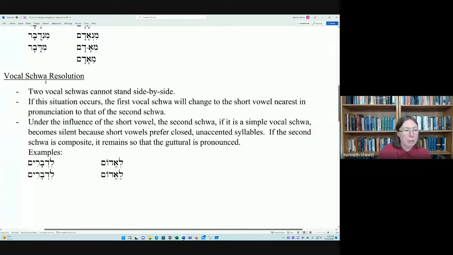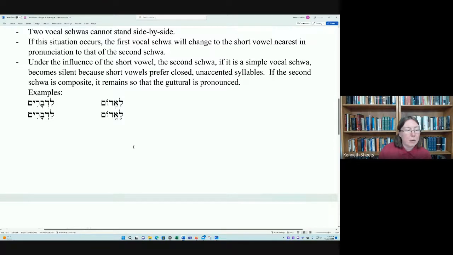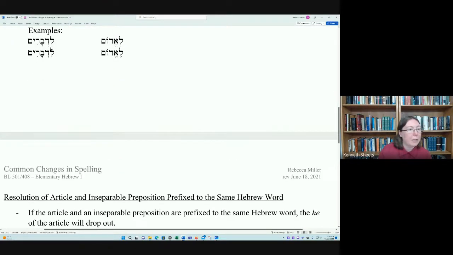Vocal schwa resolution: two vocal schwas cannot stand side by side. If this situation occurs, the first vocal schwa will change to the short vowel nearest in pronunciation to that of the second schwa. So you have that example here: le-devarim, two vocal schwas standing side by side.